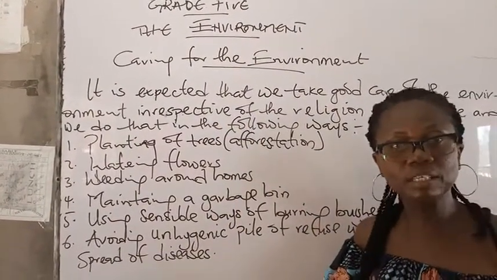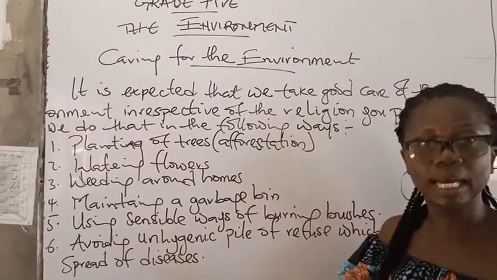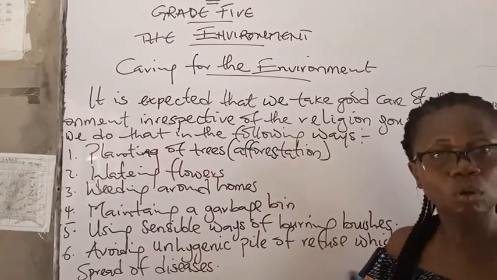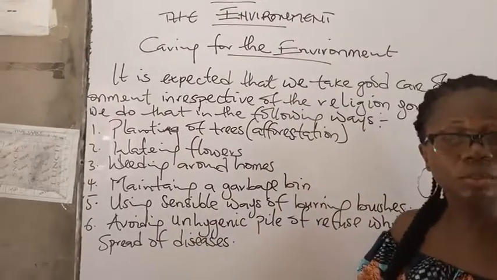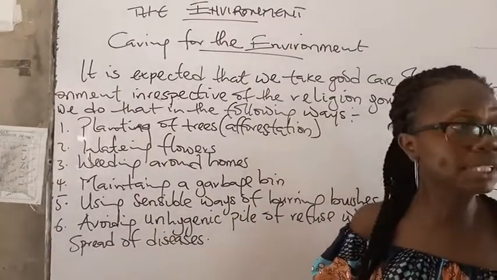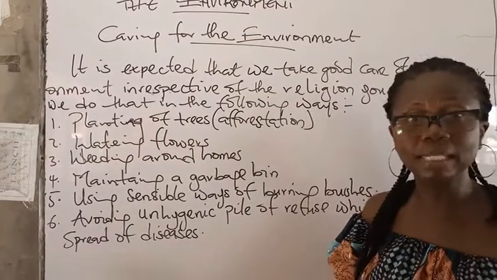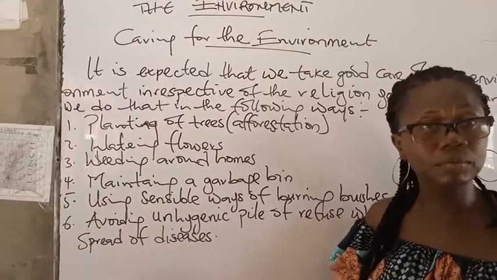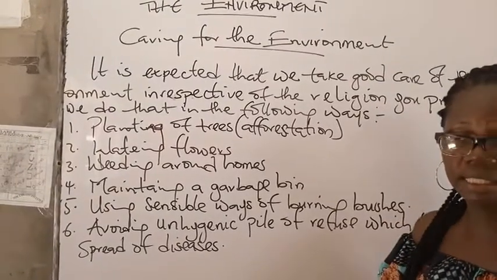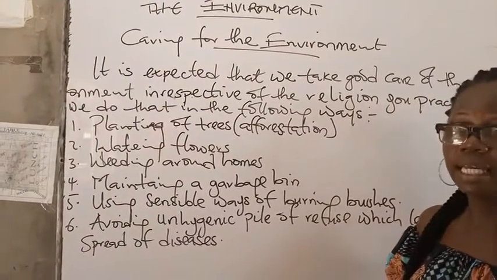It's always advisable we join one of those groups, so that our bins should always be empty. Otherwise, mosquitoes will start breeding, and rodents like mice and rats will start keeping their babies there, making the place unhygienic, and we will start falling sick.